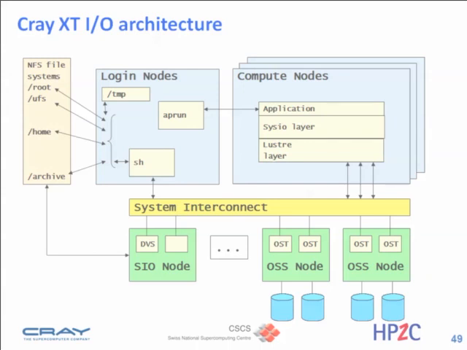This talks to layers in the operating system running on the compute nodes, and through the interconnect, your data is moved to the right I/O node where the Lustre OST component is running, and this takes care of writing the data on the file system. So when you consider I/O bandwidth in your application, you should consider all the paths that data must travel going from the memory on your compute node to the physical disk.